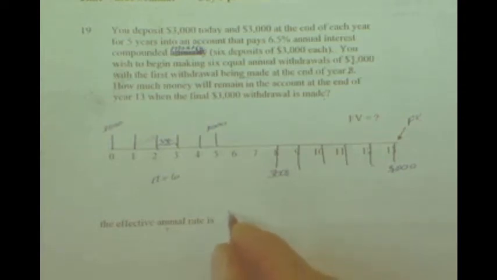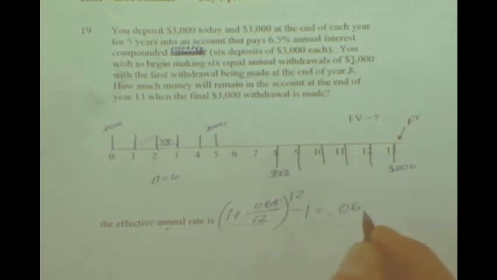And we're going to do that by taking 1 plus the stated annual rate divided by the number of compounding periods in a year, taken to the number of compounding periods between payments. It's going to be a little more than 0.065. There's the rate we're going to use in our annuity equations.